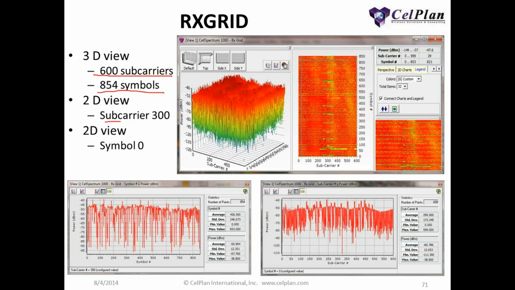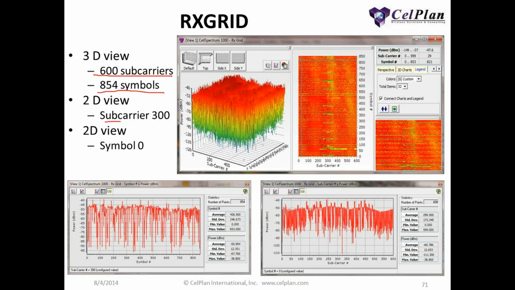And I would like to ask you a question. Why do we suddenly have so much fading? Well, this is not really fading. These are points, subcarriers or symbols, that are not being used. So there is no information sent.